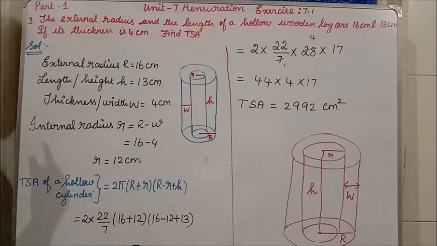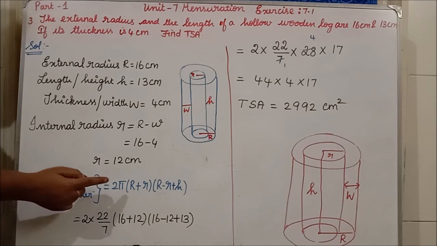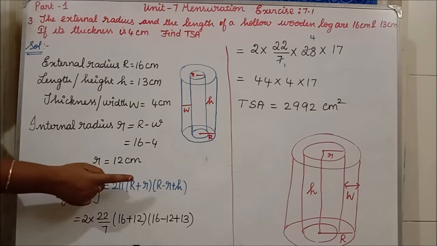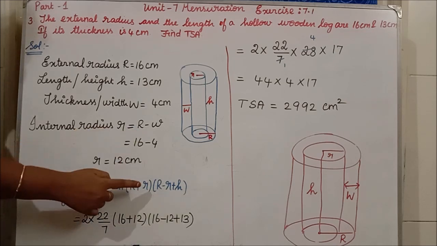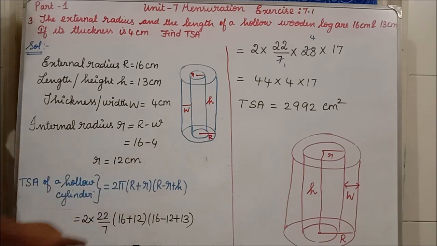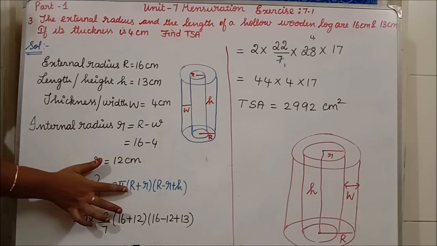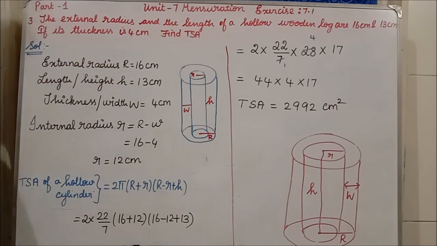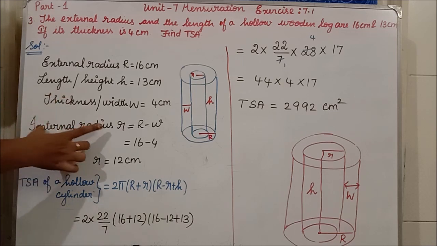What did I tell you about the TSA of the hollow cylinder? 2 pi into (R plus r) into (R minus r plus H). We have the capital R value and the H value. Do we have the value of small r? We are not having it, so first we have to find the internal radius.